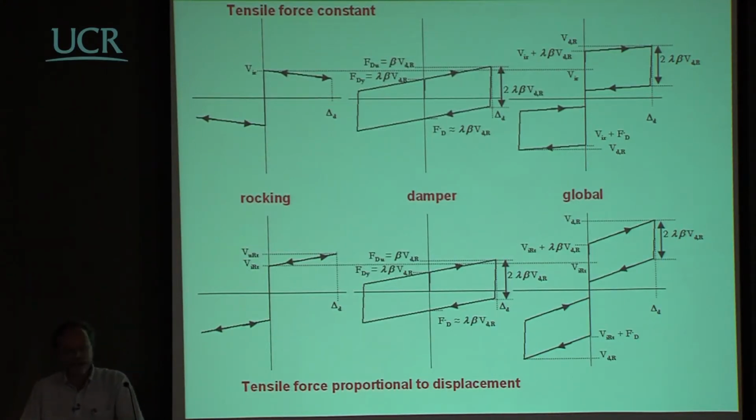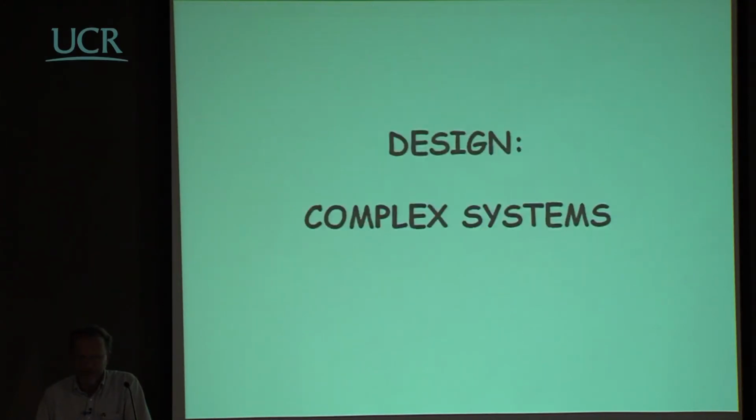So you could design your rocking wall or rocking pier or whatever to have no permanent displacement because you go down here. Maybe you don't have a very large equivalent damping, but maybe you don't care too much about that.